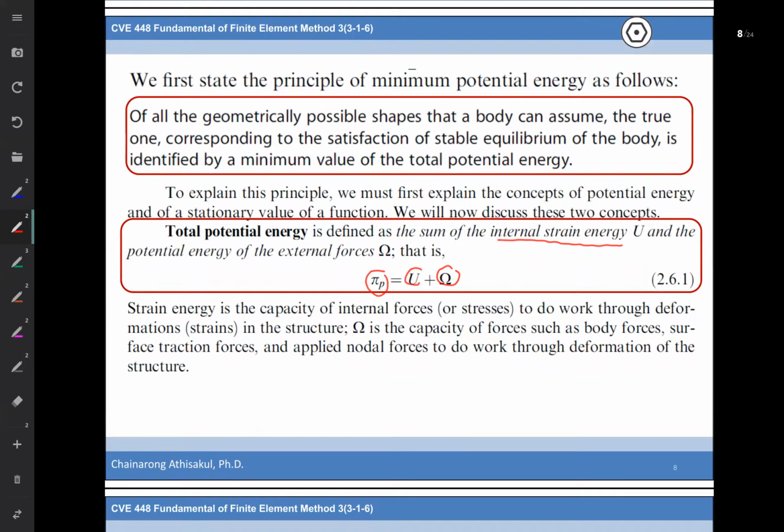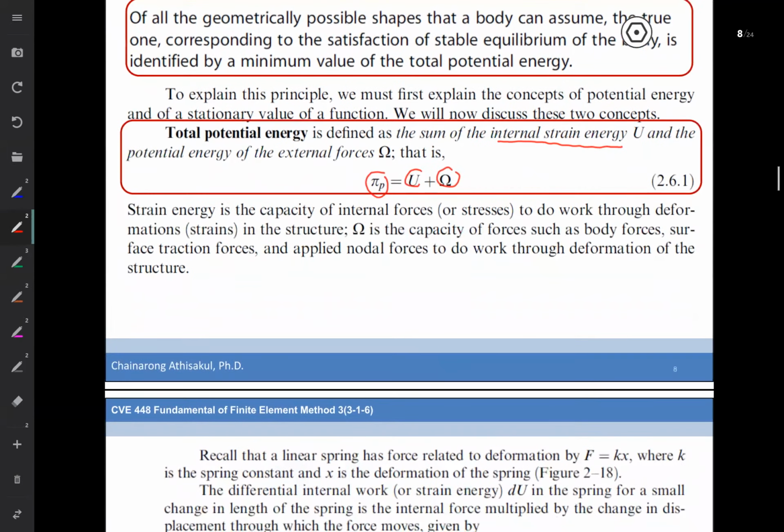the potential energy due to the external force. The strain energy is derived from the internal force, that comes from the axial force, shear force, and also bending moment.